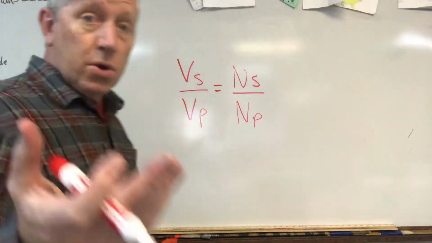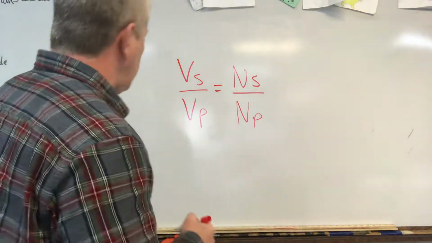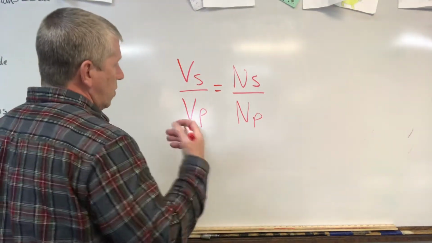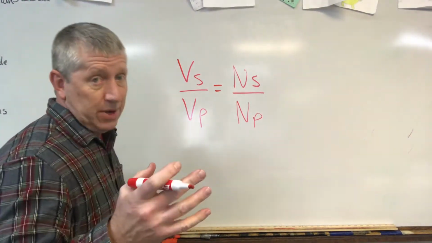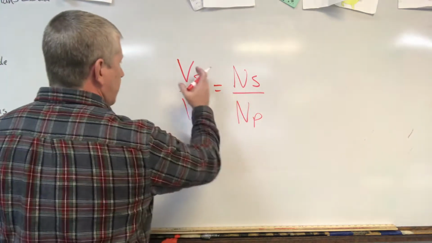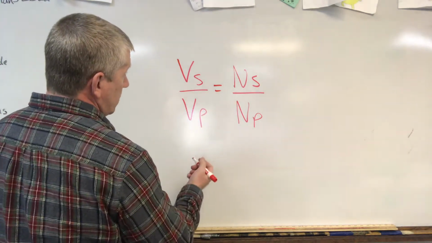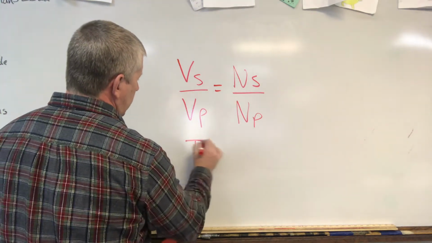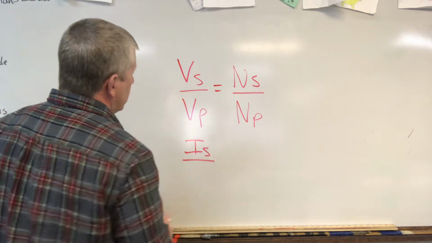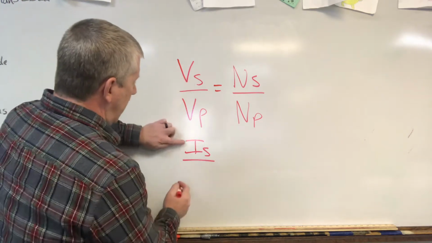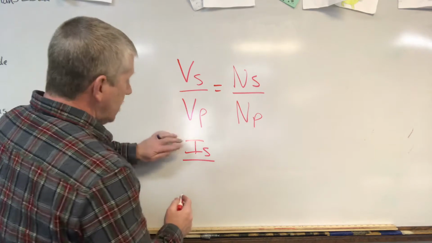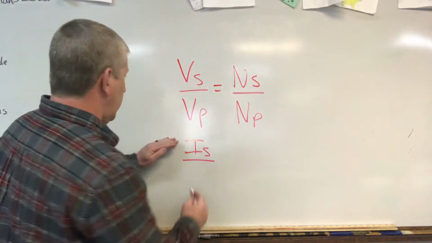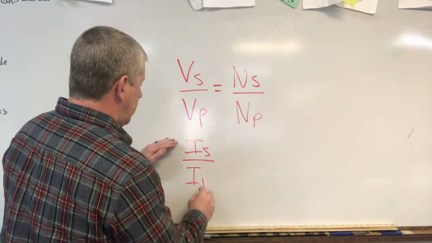There's another equation that's important, comes in handy sometimes, and it relates the number of coils with current generated. So this is the number of coils with voltage, then there's the number of coils with current. Now with current, okay, so here I had Vs on top, so I'll put Is on top. That's the current in the secondary coil, and the current in the primary coil.